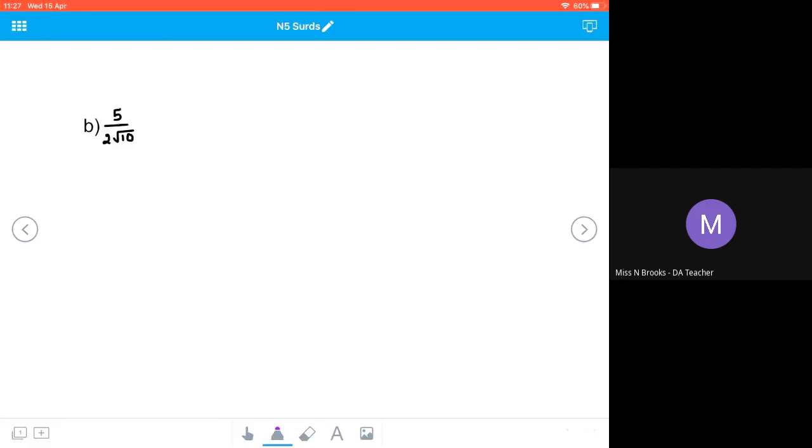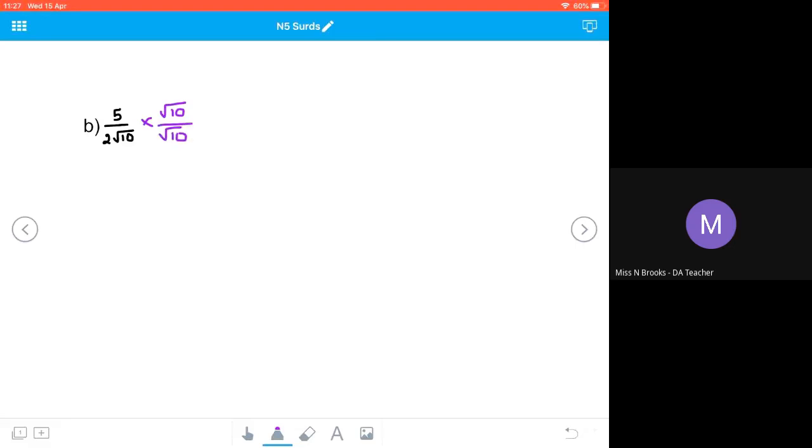Now, what if you've got a coefficient of your surd? If you want to, you could multiply by 2 root 10 on the numerator and denominator, but you don't need to multiply by the 2. We're only multiplying by that surd. So we multiply the numerator and the denominator by root 10.